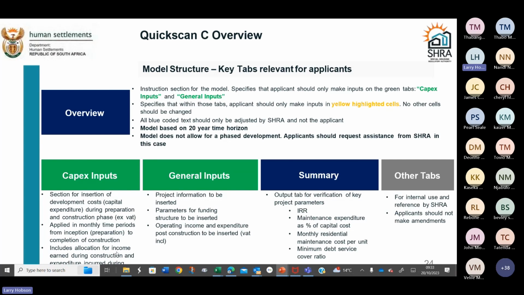Under those circumstances, you would include some income during your development period. It does wonders for your ratios as well. So don't lose the opportunity to show income during your development period if you are occupying some units sooner. Under general inputs, there are lots of rows to input. There's some general project information, a place for your funding structure, and then lots of line items for operating income and expenditure.